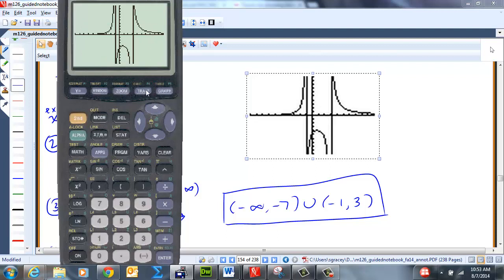Oh, after all that. Okay, zoom. I was supposed to hit enter. Zoom enter. Okay, actually, I can start here. Enter. And we'll go up.